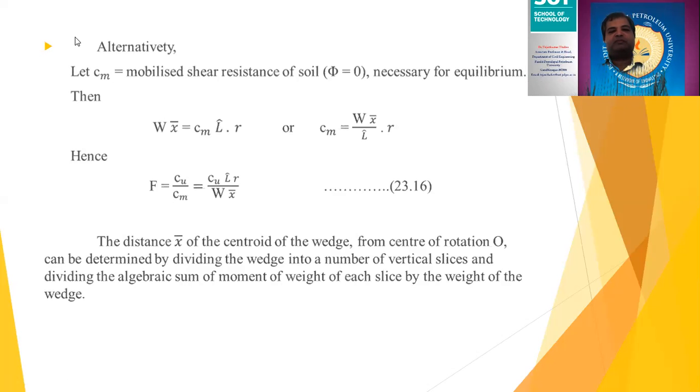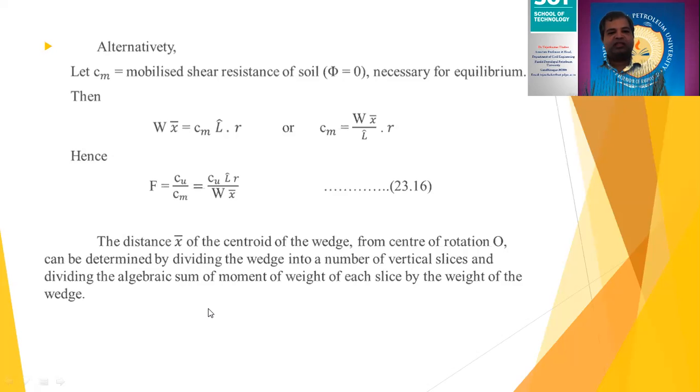So Cu, which is my undrained cohesion before failure, and Cm, which is my mobilized cohesion when the slope is on the verge of failure, equals whatever value you have found, where the distance X bar is the centroid of the wedge, as you have seen, from the center of rotation O, and it can be determined by dividing the wedge into a number of vertical slices and dividing the algebraic sum of moments of weight of each slice by the weight of the wedge.